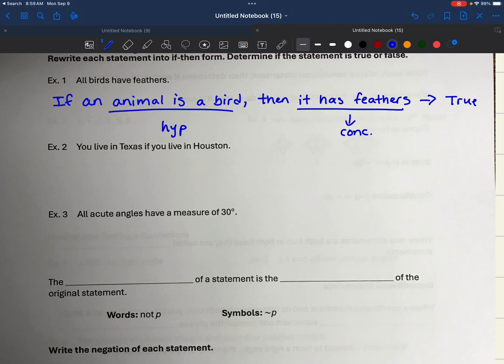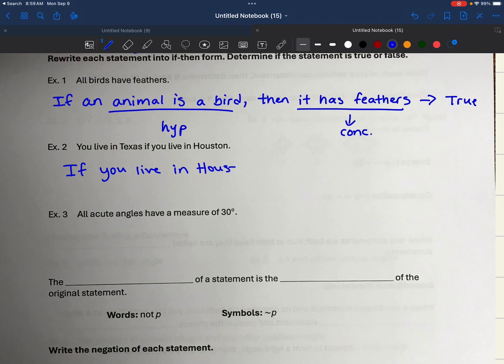All right. Example 2 says you live in Texas if you live in Houston. If you live in Texas, you live in Houston. No, if you live in Houston, you live in Texas. If you live in Houston, then you live in Texas. Okay.